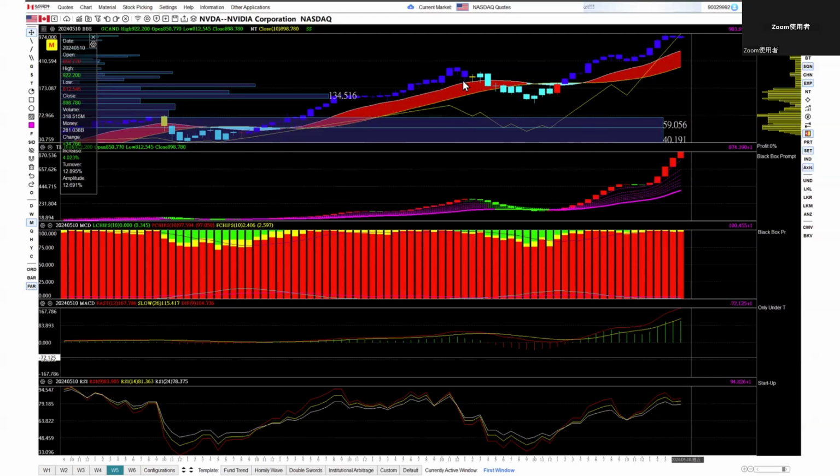So for me, I will sell if I see the yellow candle in panel one on the monthly chart. This is a very important sell signal, and every time the yellow candle comes up, it is almost 99% accurate. At the same time, if you check panel three, the retail investors rush in.